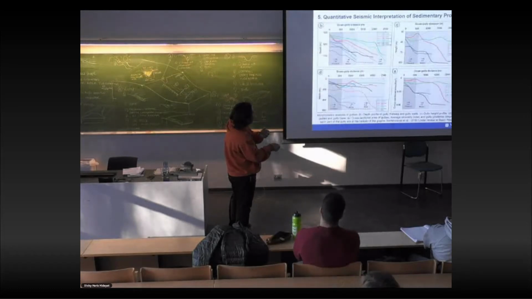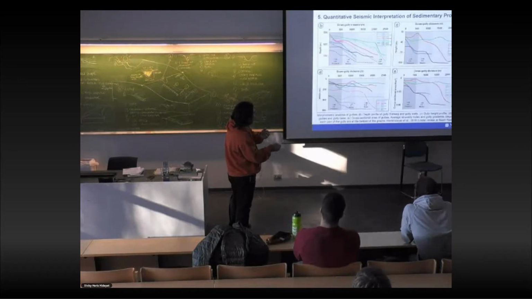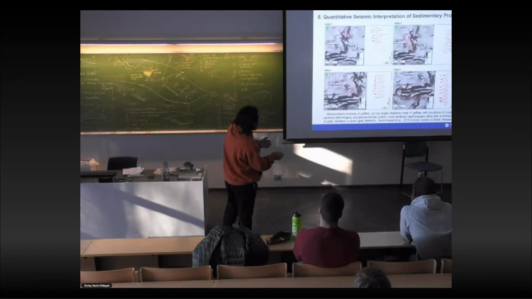It's also represented by this point here. So this is gully number 3. This is gully 3. So this point here represents the knickpoint. This one here.